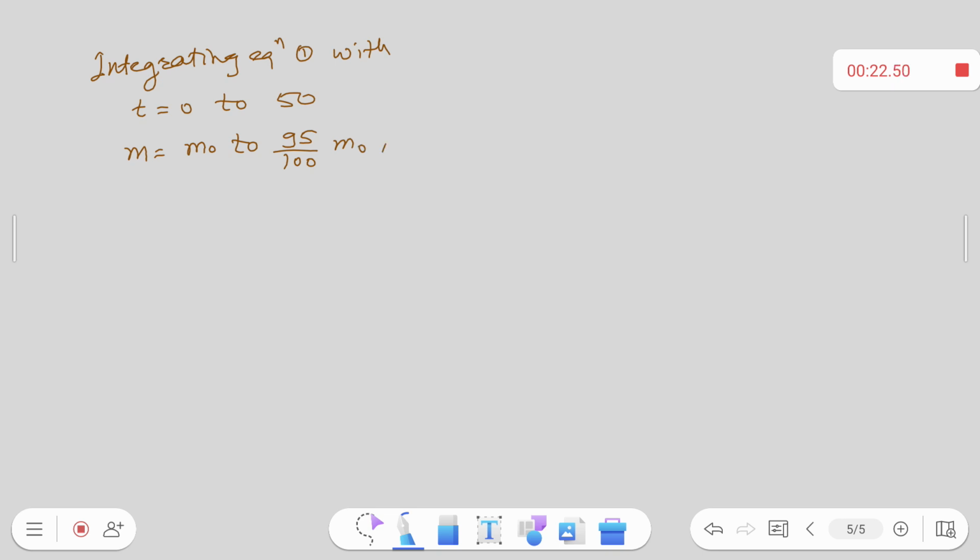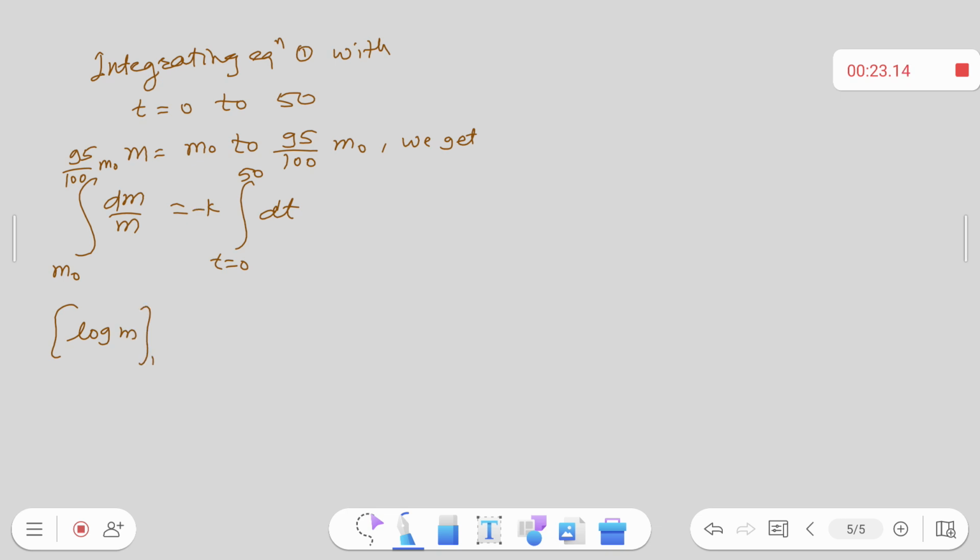We get integral dm by m from m0 to 95 by 100 m0 is equal to minus k times integration of 1 with respect to t from 0 to 50. So the integration is log m, m0 to 95 by 100 m0 is equal to minus k times t from 0 to 50.